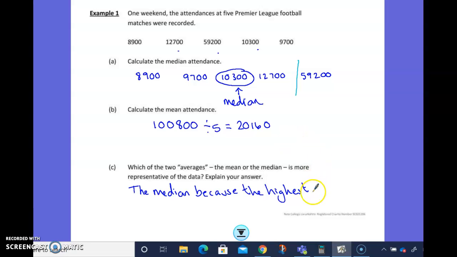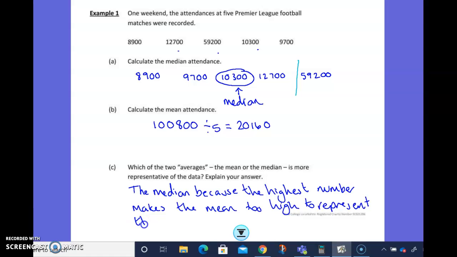So the median, because the highest number makes the mean too high to represent the data. Sorry about my writing on this. Better with my numbers, not so good with words still.